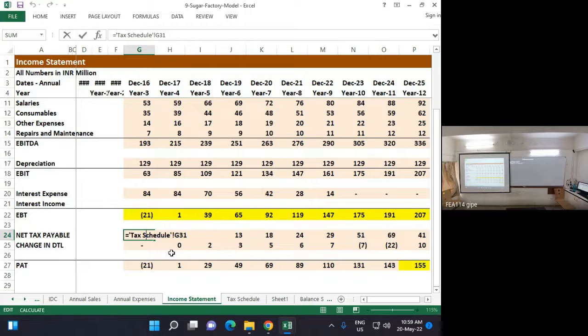Okay, okay, okay. You are saying that the net tax payable number is something else. But you must have linked it from somewhere.